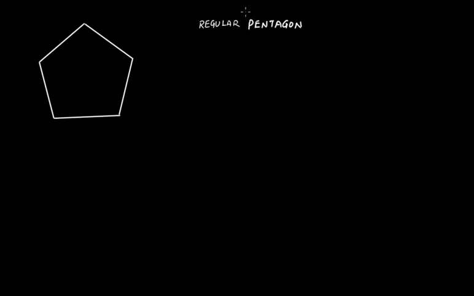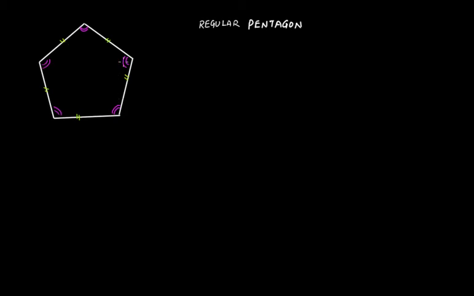What's a regular pentagon? Well, a regular pentagon is a pentagon in which all the sides are equal and all the angles are equal. This is the basic definition of a regular pentagon.